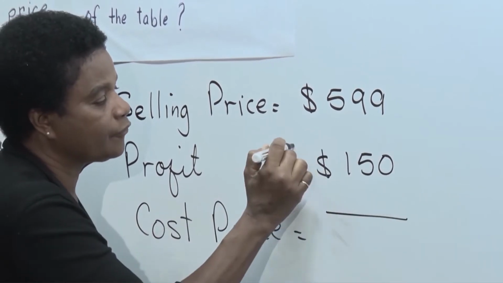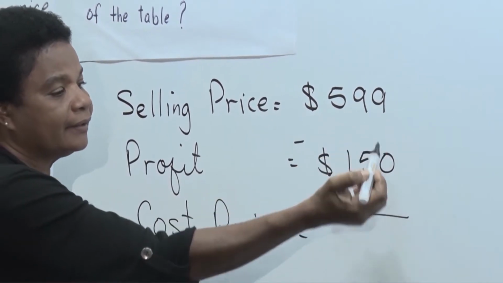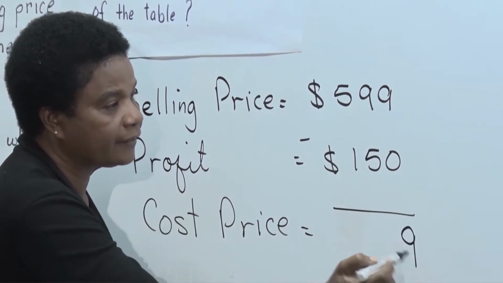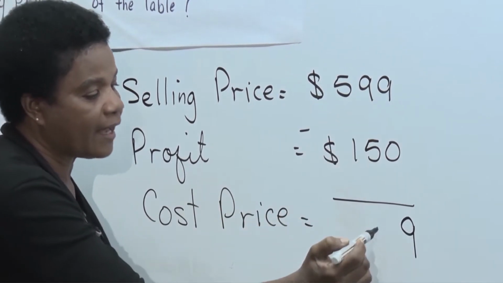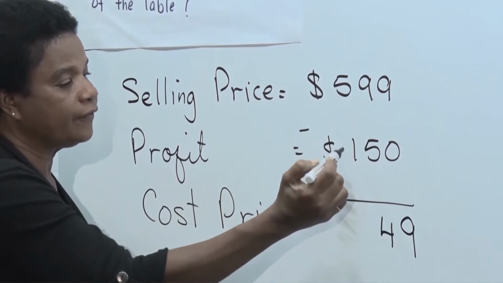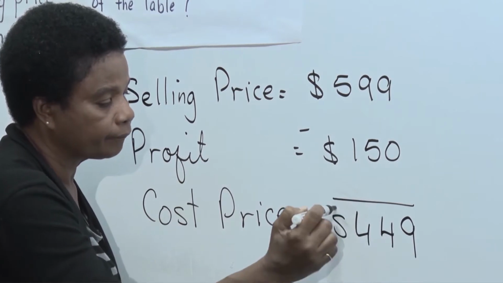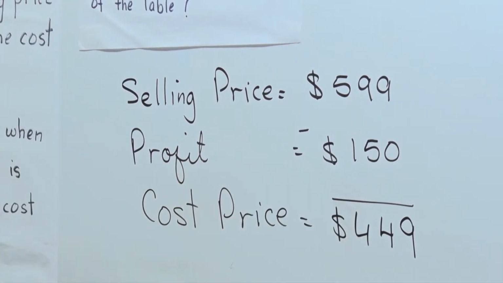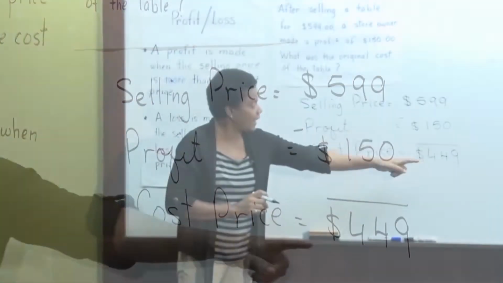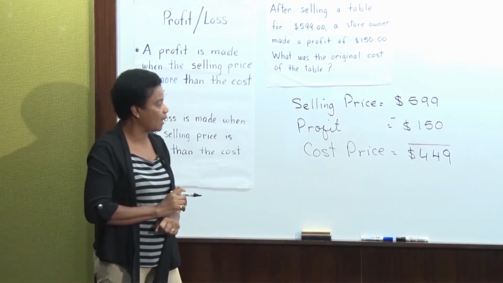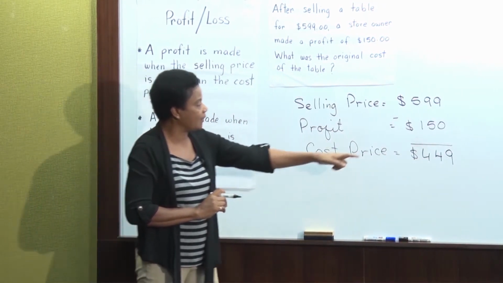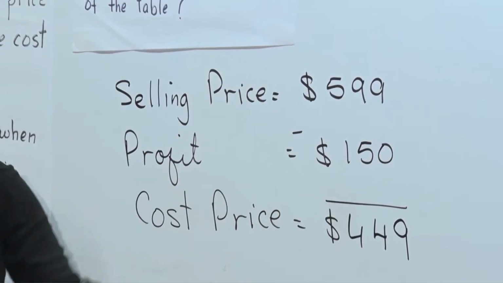So when we subtract, let's see what we get. 9 take away 0 is 9. 9 take 5, 4. 5 take 1, 4. Did you also get 449? Was the cost price less? Yes, it was. It was less by $150.